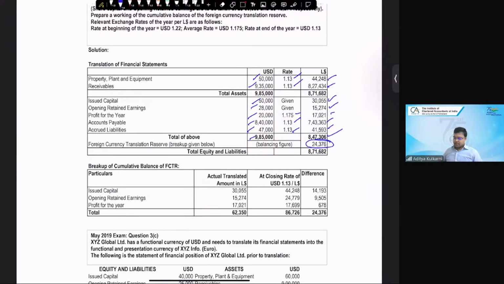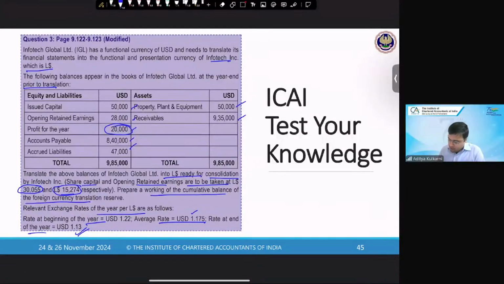Now, what they have also asked is to prepare a working of the cumulative balance of the FCTR. Why does FCTR happen? The rate which we take for the P&L is the average rate, and the issued capital is at the opening rate and retained earnings are also at the opening rate, as given in the opening balances.